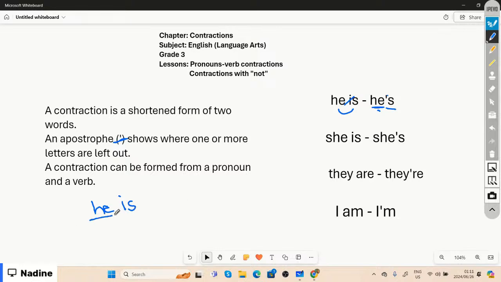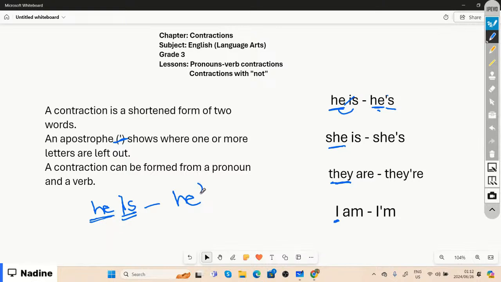We said the pronoun stays the same. So he stays the same, she stays the same, they stay the same, I stays the same. So when we show a contraction of he is, then he stays the same. Now we look at the verb. We're going to leave out the i in is.